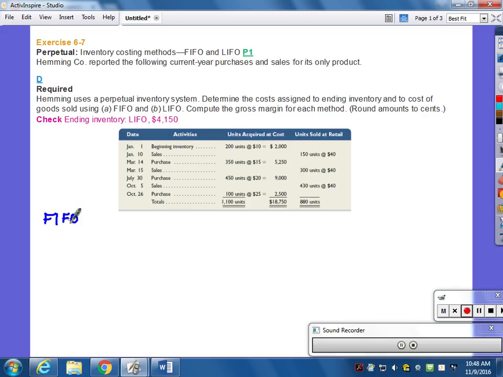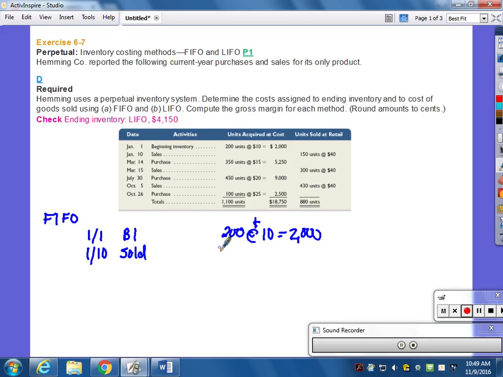So beginning inventory, 200 units at 10. And then January 10th, we sold 150 units, so we automatically have to pull them from where?